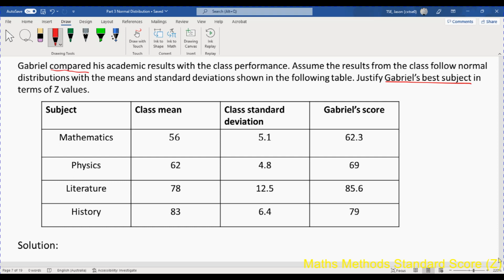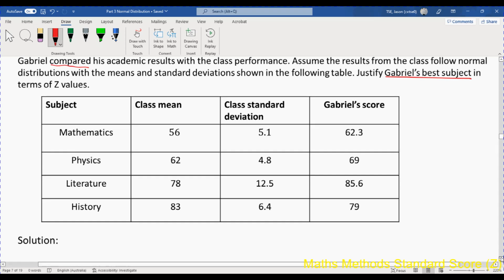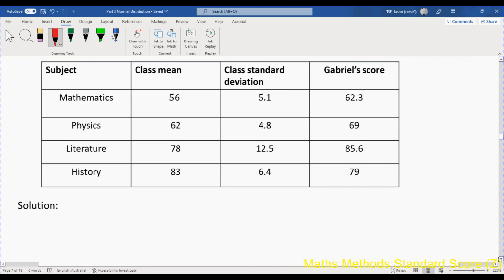So can we do it statistically, with a reasonable method to make a justification for that? Yes. You can always try to find the z-score for each subject. For example, for math, let's say the mean is just the mean, then the standard deviation, and Gabriel's score.